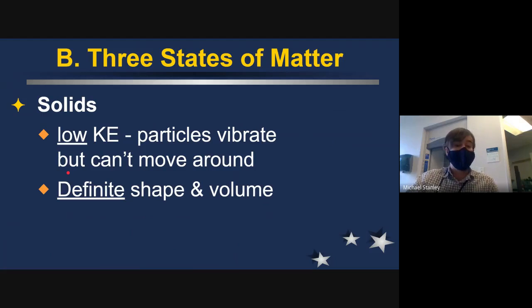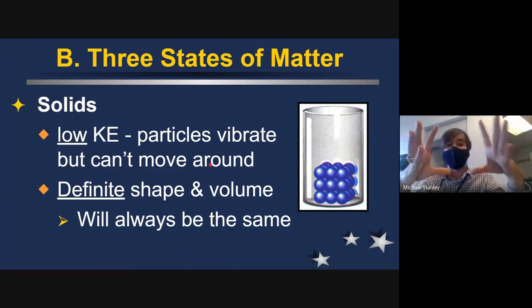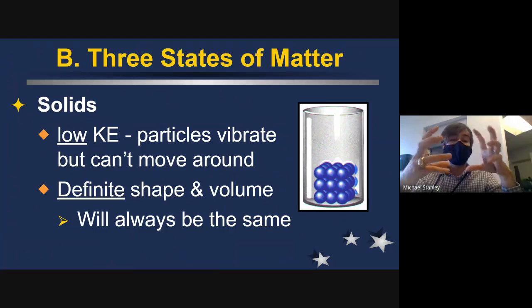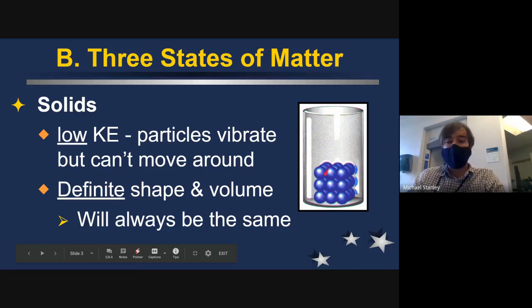Solids also have what's called a definite shape and a definite volume. And what I mean by that is that it's defined. So a solid will always be the same shape, right? If you take a metal block, like this guy right here, we have this little block of particles right here.